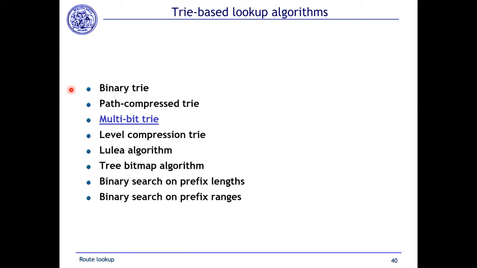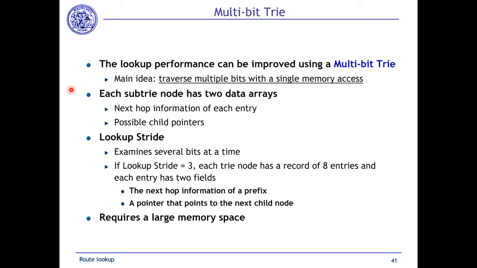So now let's go to another variation of the binary tree, which is called multibit trie. In the multibit trie, we can improve the lookup performance by using nodes that represent not single bits, but a set of bits or string of bits.